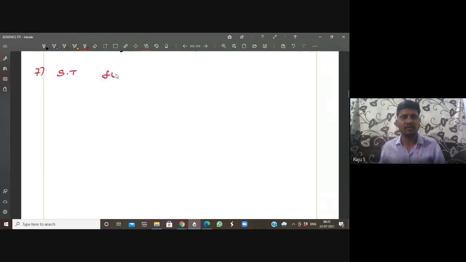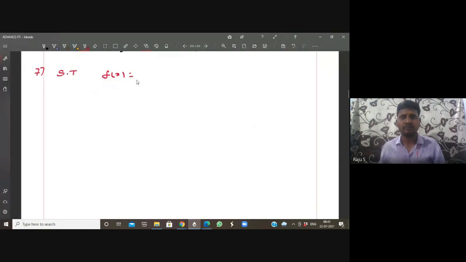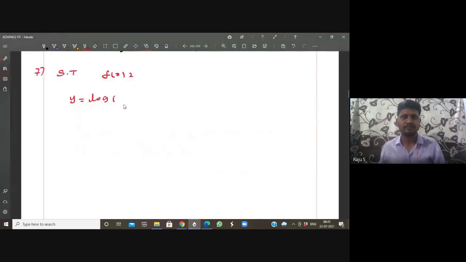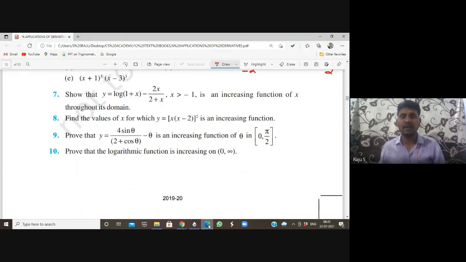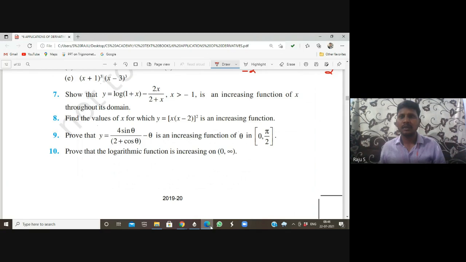Show that the function y is equal to log of 1 plus x minus 2x by 2 plus x, interval is -1 to infinity, is an increasing function throughout its domain.